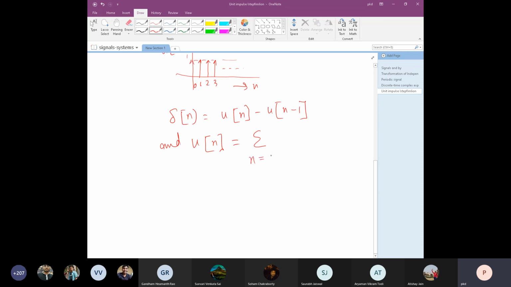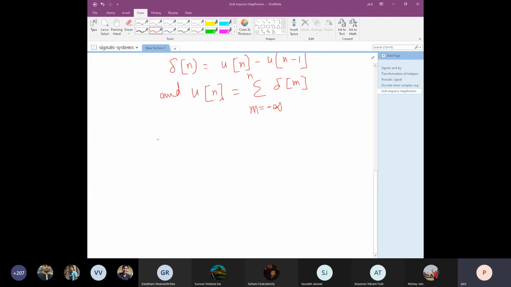So therefore this will be the summation from m equal to minus infinity to n of delta m. One can of course shift the delta function by applying shift, and similarly the step function also can be shifted applying the rules of shift.